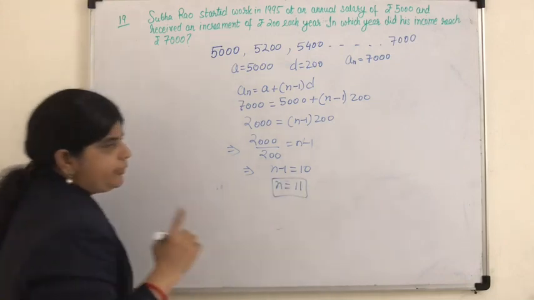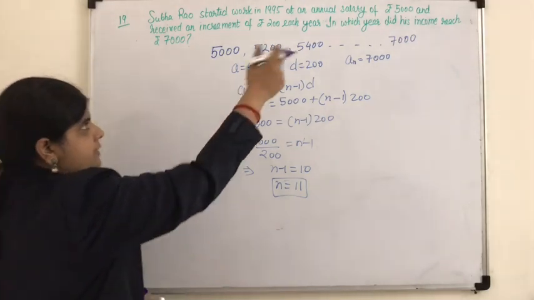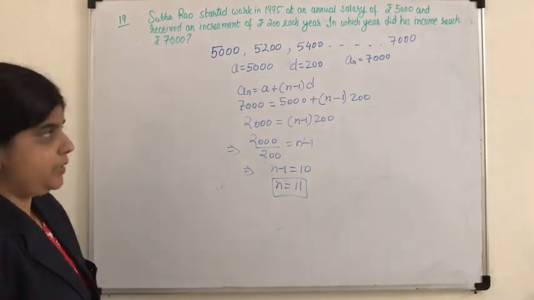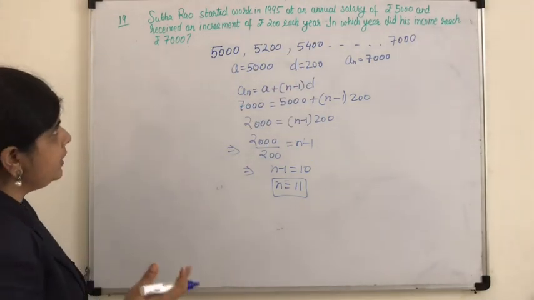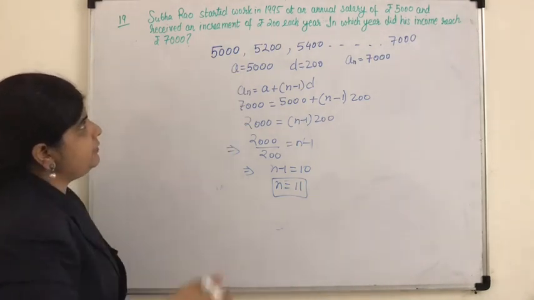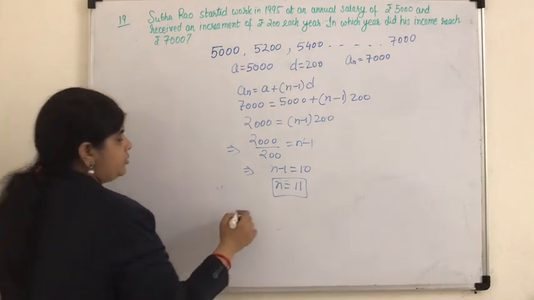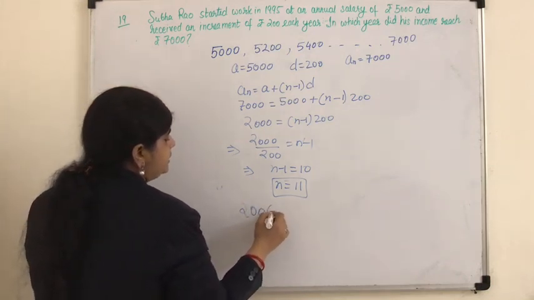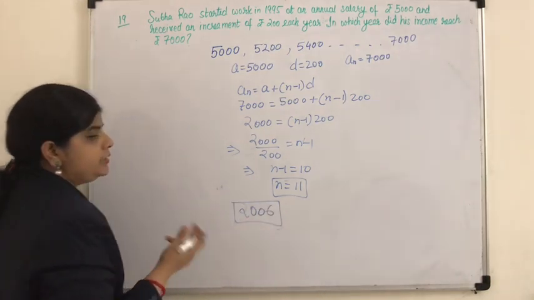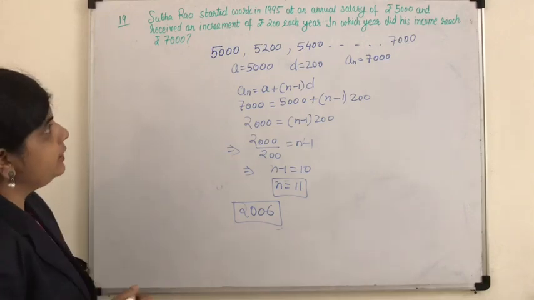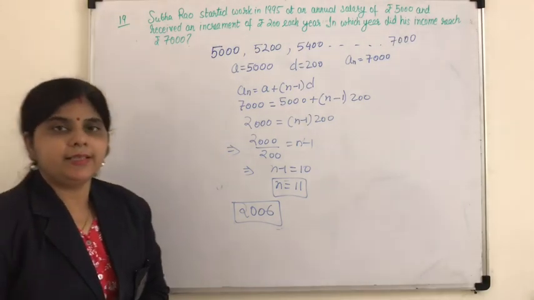So the value of n is 11. We will have 11 such terms in the AP. So in which year? How can we get the year? 1995 plus 11, you will reach the year 2006. So in year 2006, the salary will reach rupees 7,000.